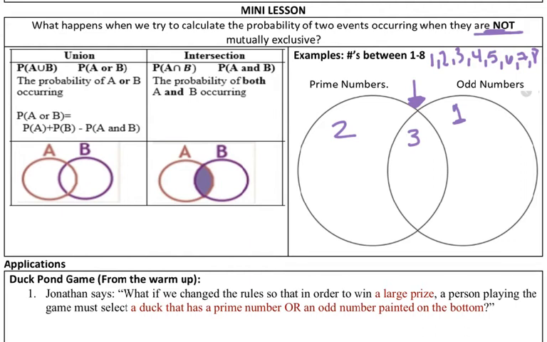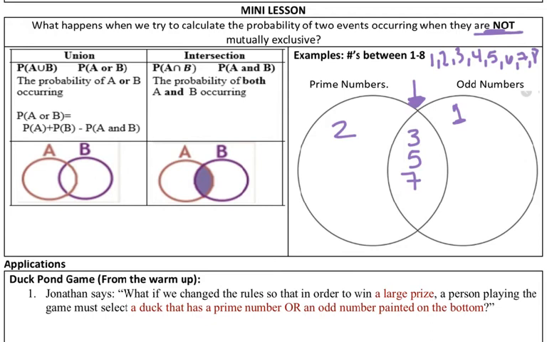How about 5? 5 is a prime number that is also odd. 6 is neither, so we're just not going to include that in the diagram at all. 7 is a prime number, and it is also odd, so we'll put that there. And 8 is not here at all because it's not prime, nor is it an odd number.